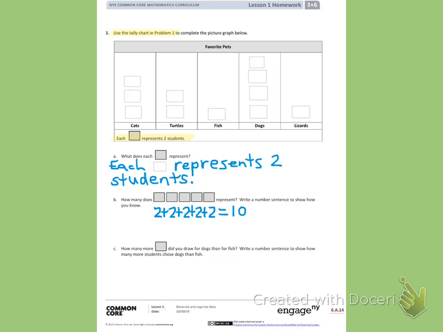Another way I could say this is 5 groups of 2 equals 10. So, 5 squares equals 10 students.